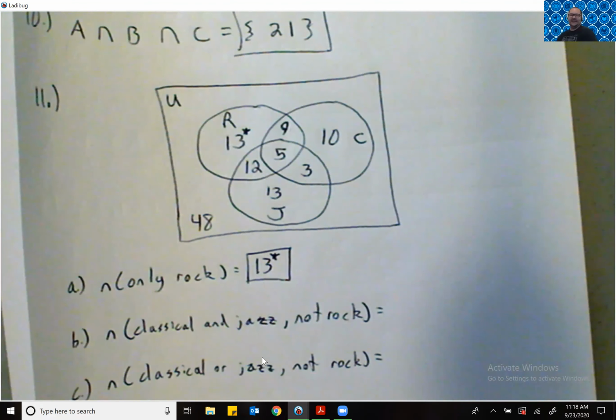What is and really about? Union, intersection, or complement? Union? It is not a union. Try again. Is it intersection or complement?